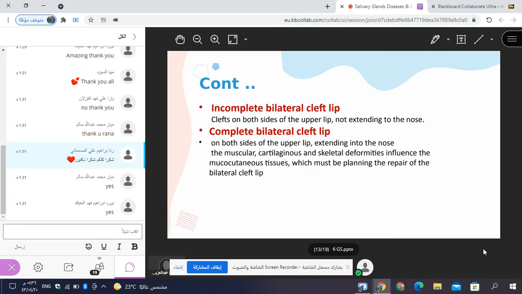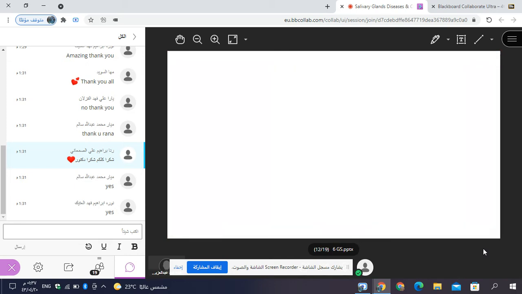Complete bilateral cleft lip is on both sides of the upper lip and extends to the nose, and maxillary, muscular and cartilaginous deformity will affect the tissues. This type must have surgery to repair the bilateral cleft lip.